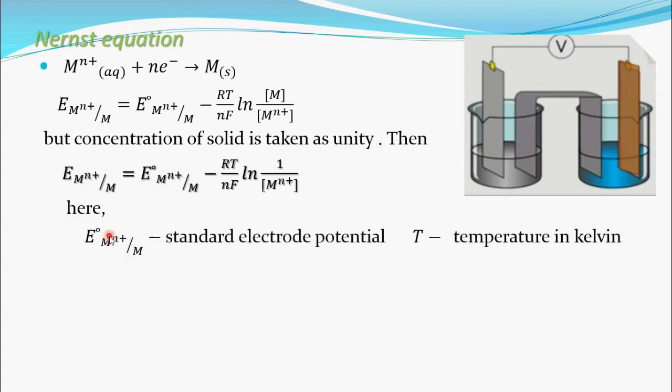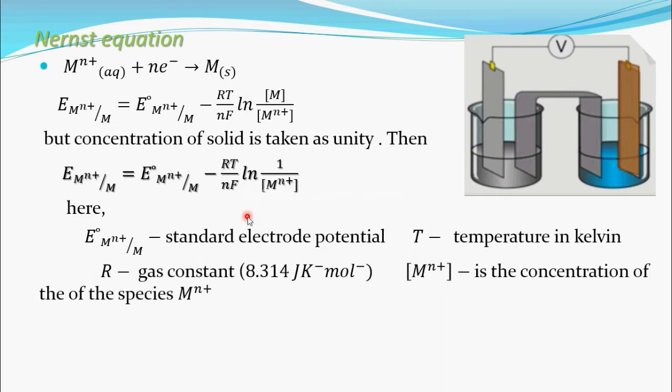E naught of M n plus bar M is the standard electrode potential. This naught indicates standard electrode potential. Standard electrode potential means when the concentration of the electrolytic solution is 1 molar or unity. You know this point. T means temperature, which should be in Kelvin.